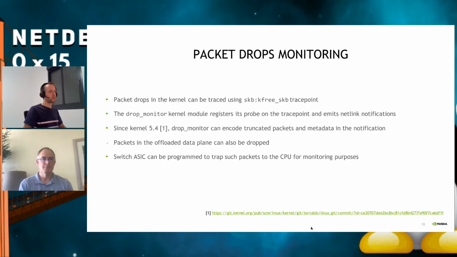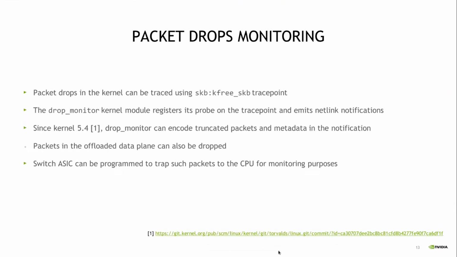For monitoring of hardware originating drops, we have a similar trace point called the devlink trap report trace point, on which the drop monitor module can also register its probe. This allows user space to consume the information in the same way, regardless of whether the drop occurs in software or in hardware. The only difference is what happens inside the kernel.